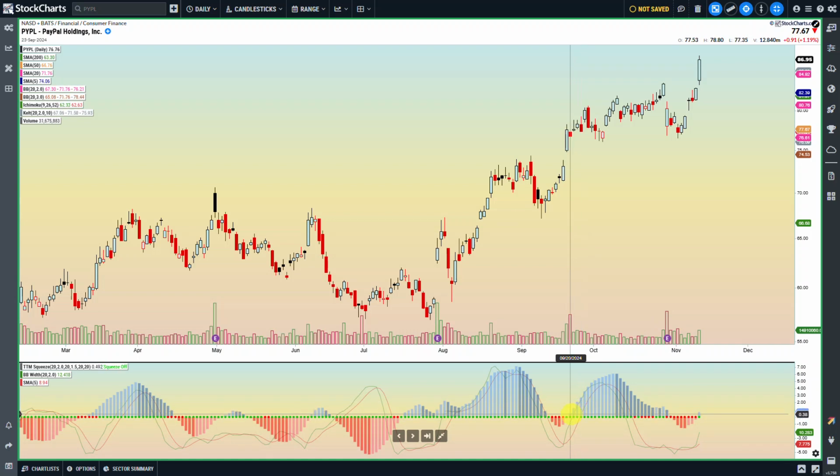Doesn't always work that way, but that said, it would have on this one. And he also says that the fire, meaning that it turned green, tends to last about 8 or 10 bars. So on a daily chart, you would have about 8 or 10 days on average, basically what he's saying, that you can expect to make some money on it.